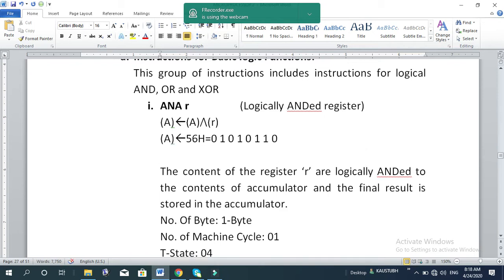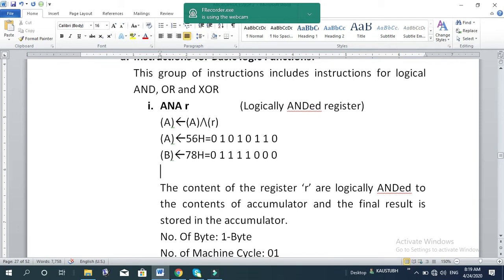And suppose register R is B, and B holds, for example, 78 hex. 78 hex is 0111 for 7, and 1000 for 8.